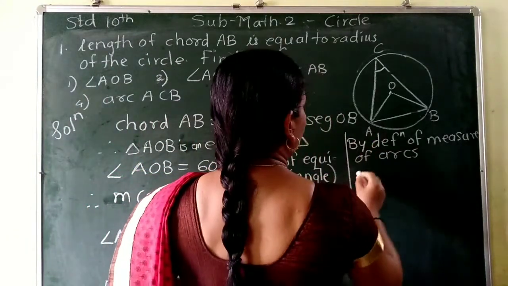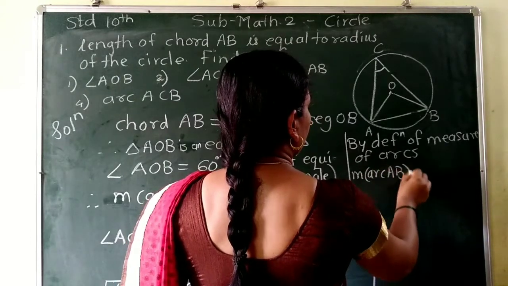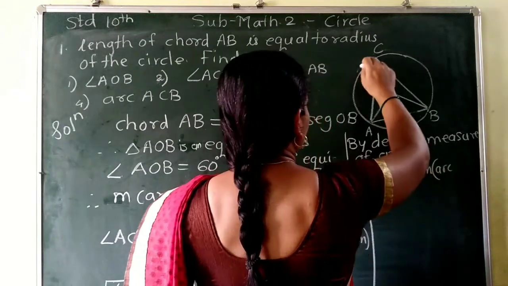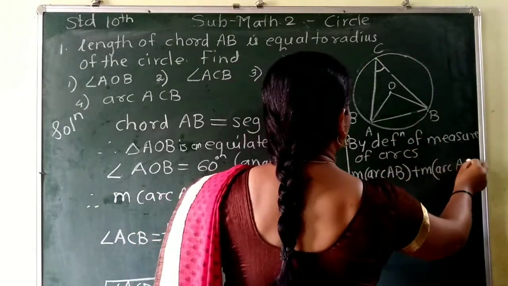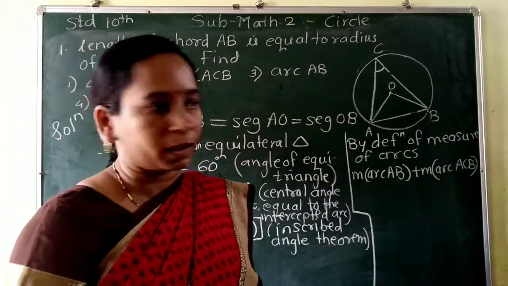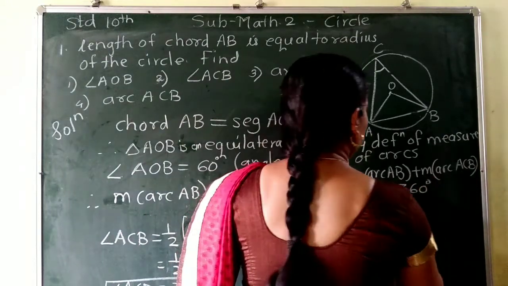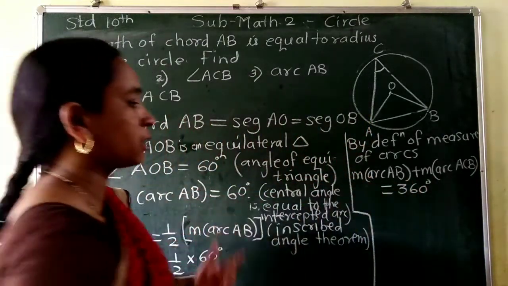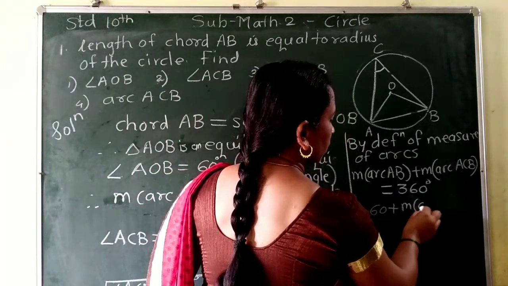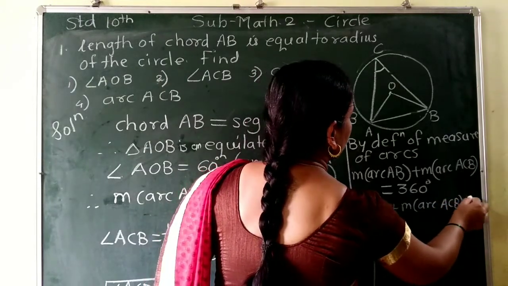So here the measure of arc AB plus the measure of arc ACB covers the complete circle, and the measure of a complete circle is 360 degrees. Here we have found the measure of arc AB, that is 60 degrees. I'll put it here. So I'll get 60 plus the measure of arc ACB is equal to 360 degrees.